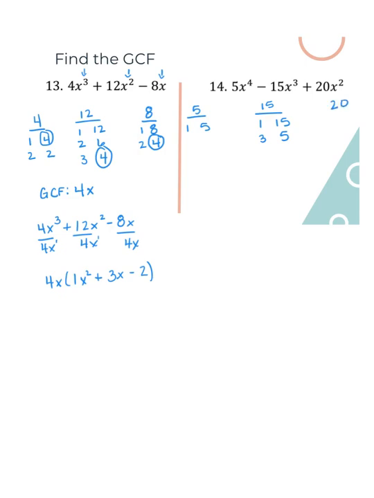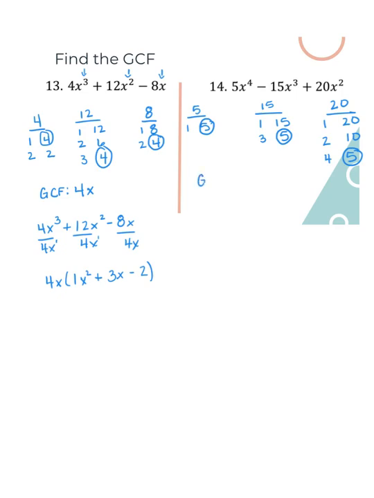And then 20, I know 1 times 20, and again, with these higher ones, you can say 20 divided by 2, and you'll get 10. 20 divided by 3, you're going to end up with a decimal, so there's nothing. 4 times 5, and now I'm at 5, but I already have a 5 written down. When I look, I see my greatest common factor between all of them is that 5.